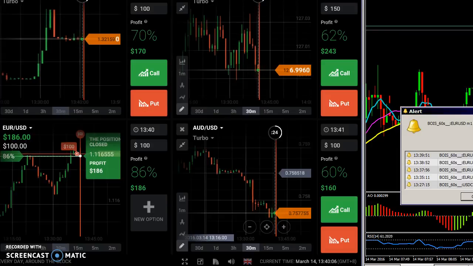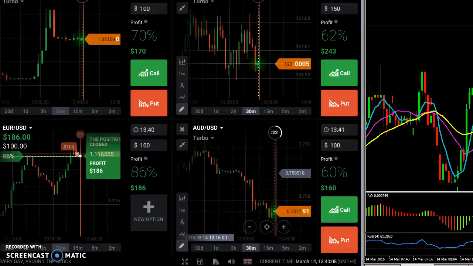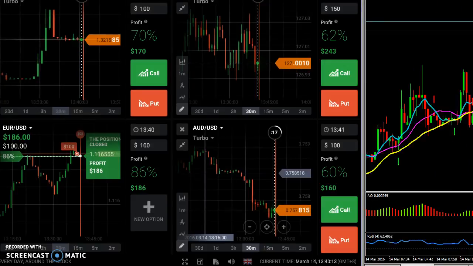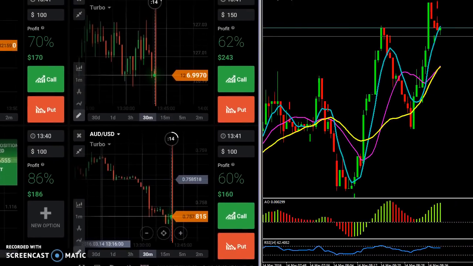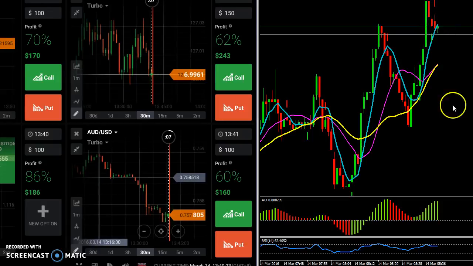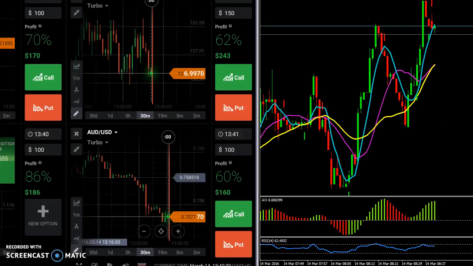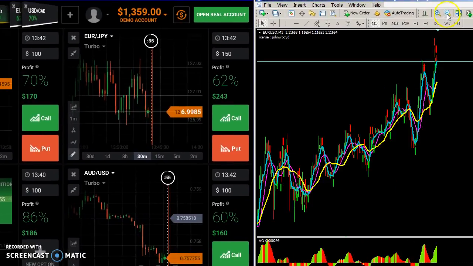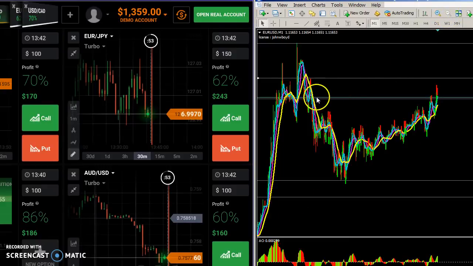So we've got another Euro USD put signal. But I'm not sure if I'm going to take this because it is hitting a lot of resistance to go down here. Let's check out our support and resistance.